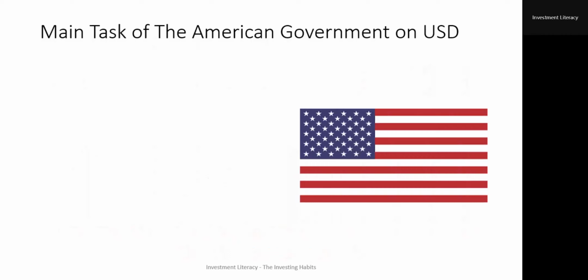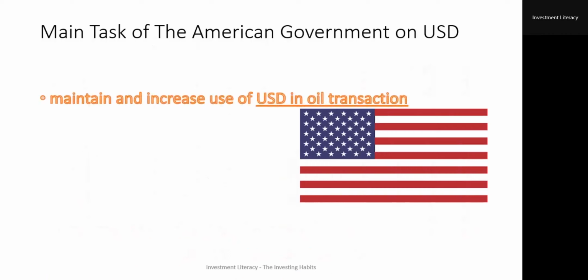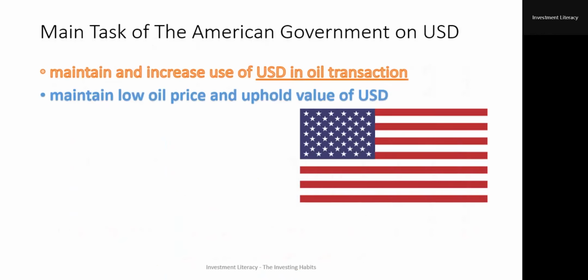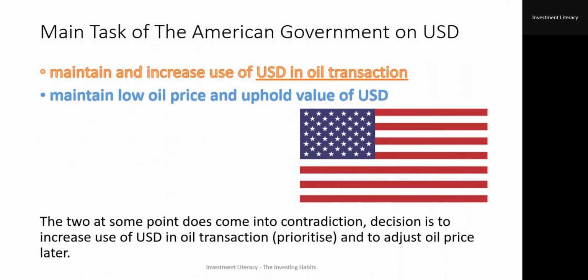And so the US government has two main tasks on US dollars. First is to increase and maintain the use of US dollars in oil transactions and international trades. And second is to maintain a low oil price so that it reflects the value of US dollars, so with higher value, people are more willing and it's more attractive to earn US dollars.